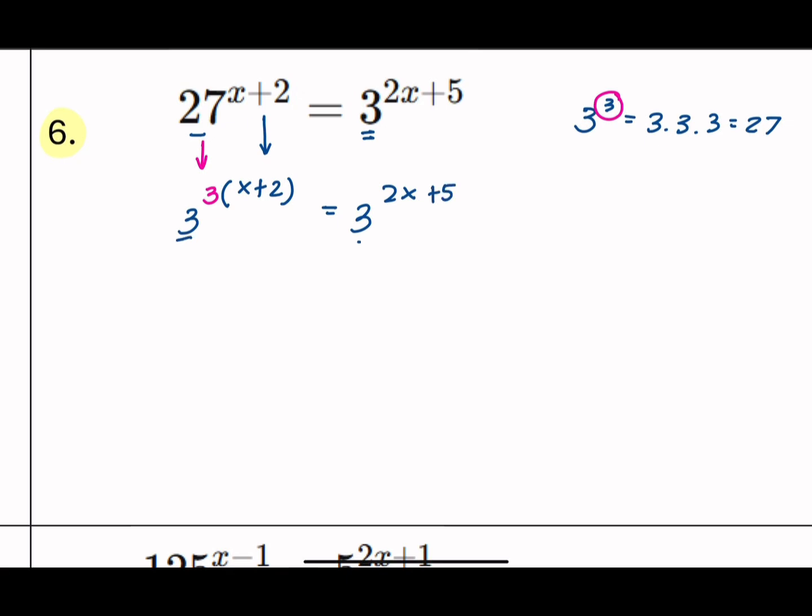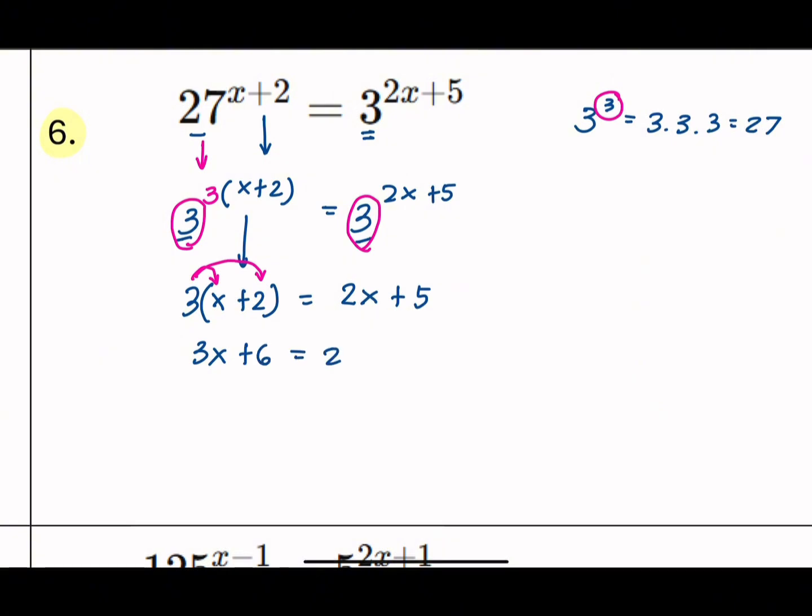Now we have the same base, so I'm just going to ignore the bases and focus on my exponents. I have 3 times (x plus 2) is equal to 2x plus 5. Distribute 3, so 3 times x is 3x, and 3 times 2 is 6, equal to 2x plus 5.